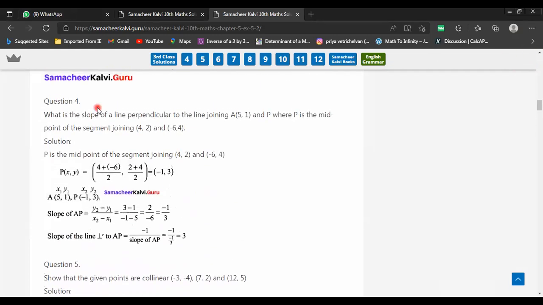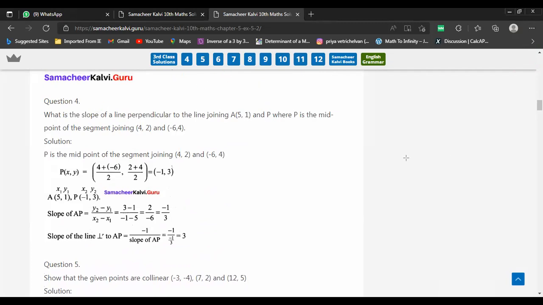Question number 4. What is the slope of a line perpendicular to the line joining A of 5, 1 and P? P is the midpoint of the segment joining 4, 2 and minus 6, 4.